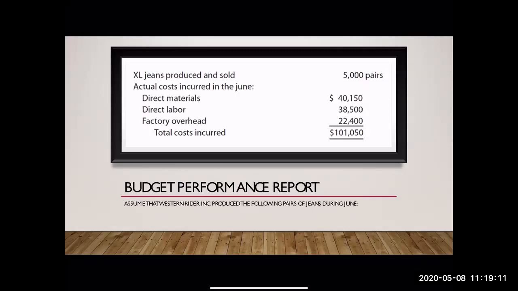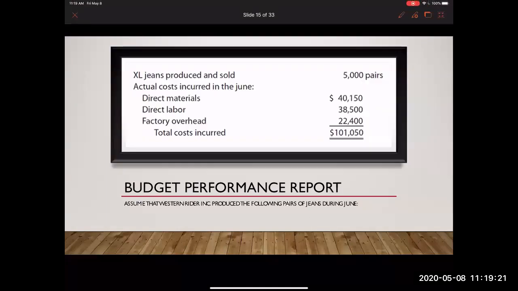The actual cost that was incurred in June for direct materials, direct labor, and factory overhead is given here. But let's not forget that when we're looking at a budget performance report, we're doing a comparison between budgeted versus actual. So that's what we're going to get into next.